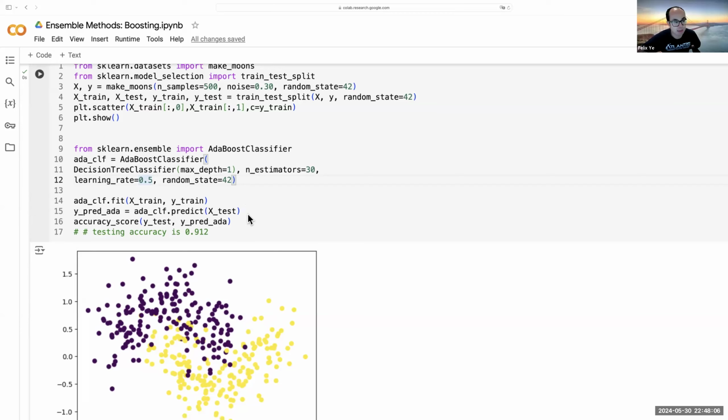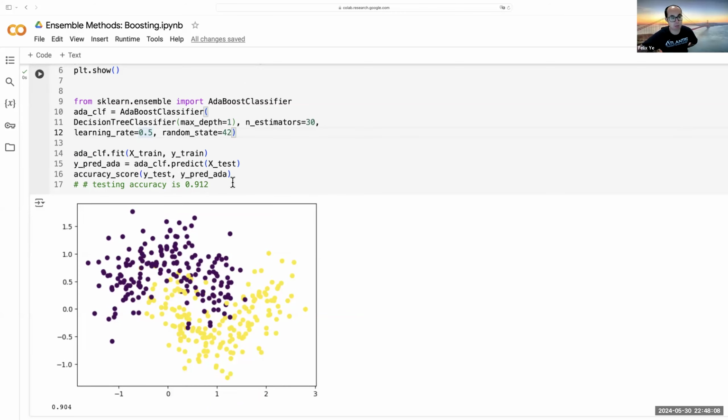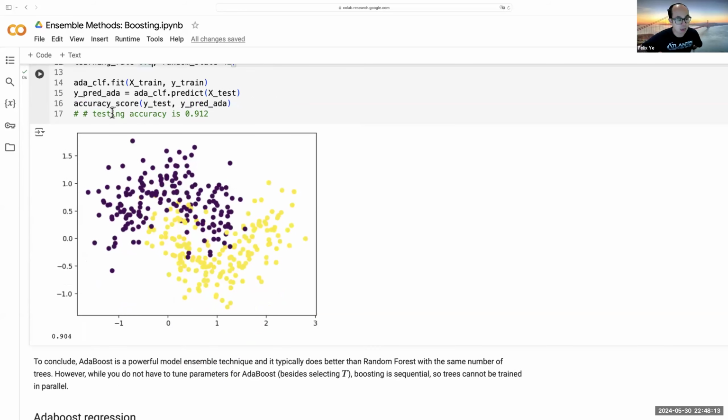With that, you will find it did a pretty good job, getting 91.2% accuracy. So it actually gives you pretty good results.